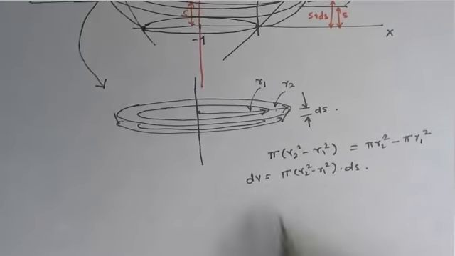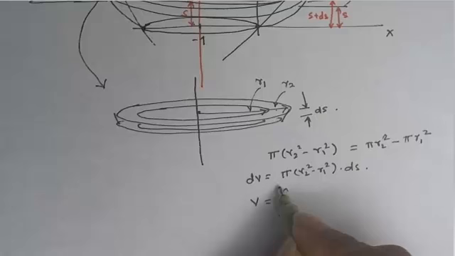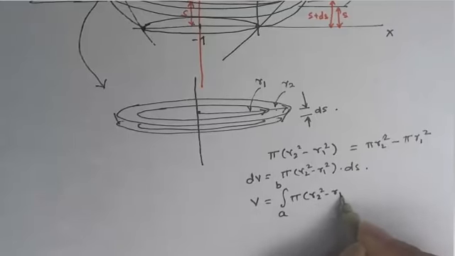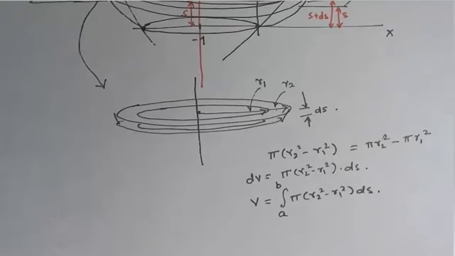And as before, the volume V is the integral from the lower limit of s to the upper limit of s of pi (r2 squared minus r1 squared) ds. And all we have to do now is to figure out how r2 and r1 are a function of s.